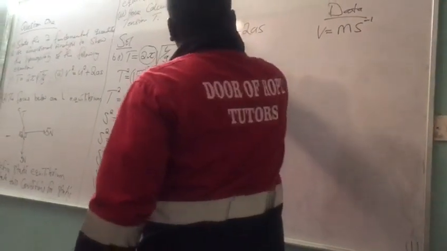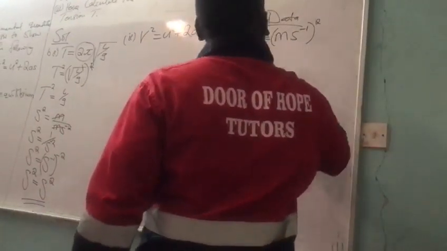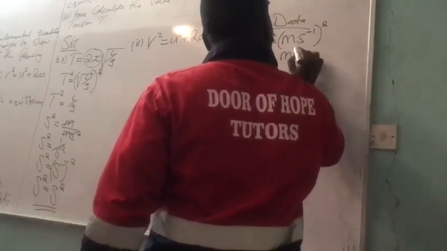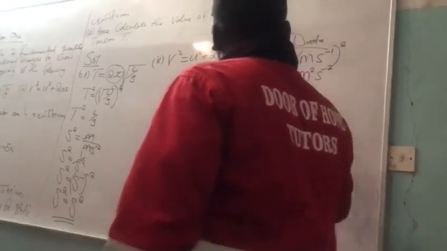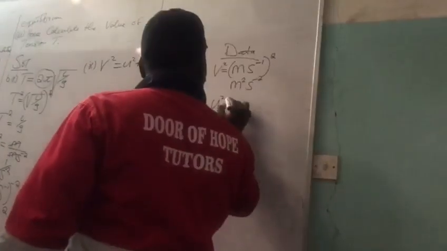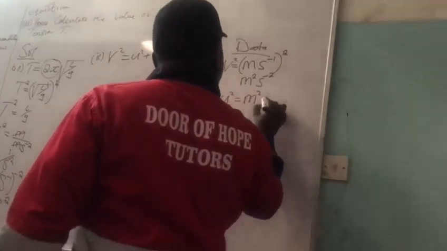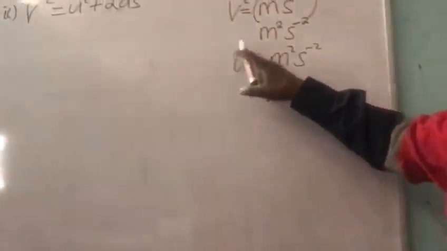But because our V is squared, we're going to say meters per second squared like that, so that we have this power dropping there and there. Then u squared is the same, so squared, because this is just initial velocity and this is the final velocity.